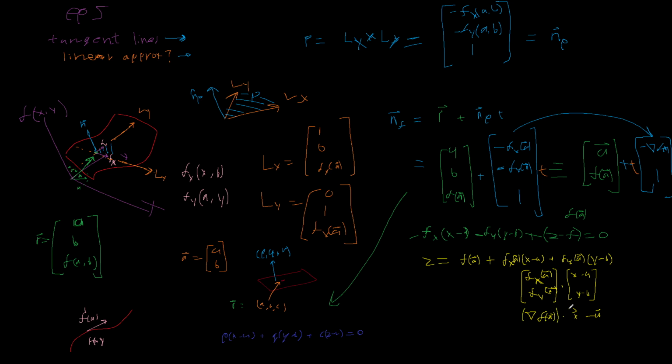So we can condense this into z equals f of a plus the gradient of f at a dot x minus a.